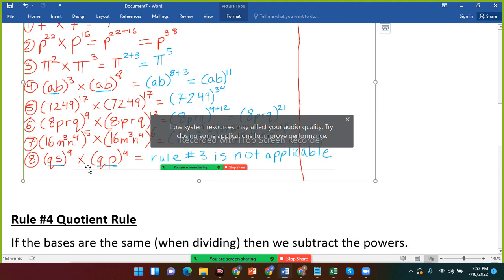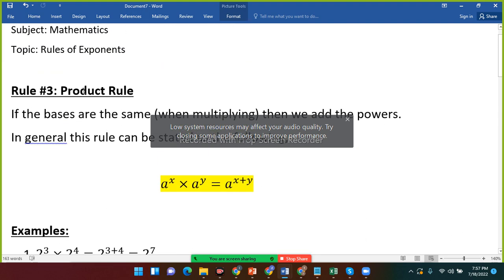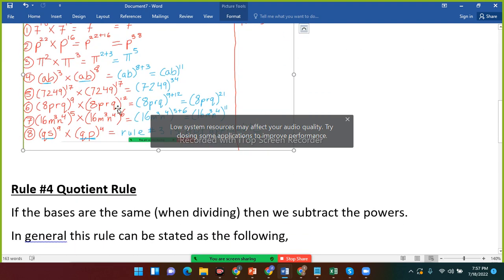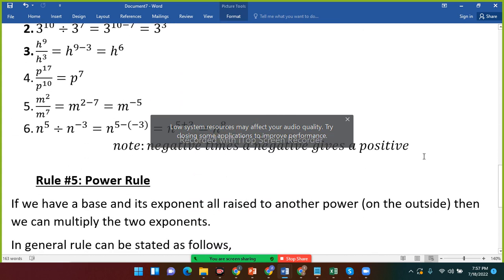All right. So this is when we did the first rule, the product rule, and that's the examples there, 1 through 8. And then number 4, the fourth rule, that one involves the quotient.